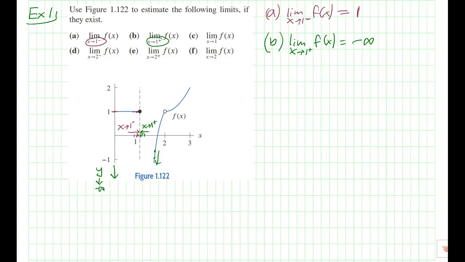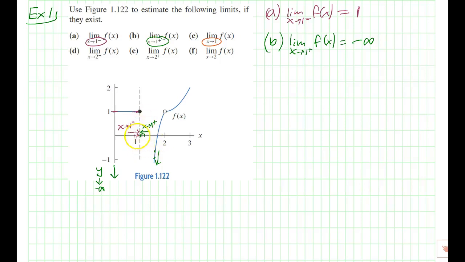Then how about C? For C, this means a double-sided limit. In order for a double-sided limit to exist, you need to be able to take values of x on either side of 1, and it should be approaching the same thing.